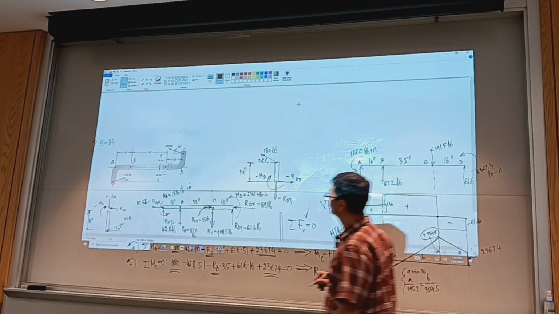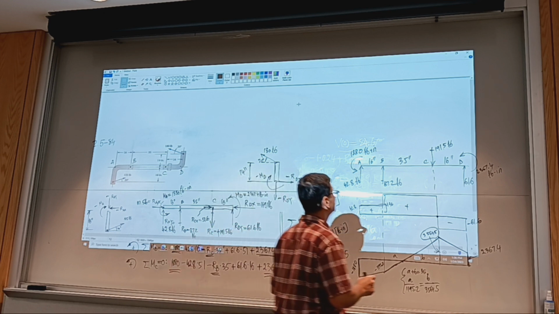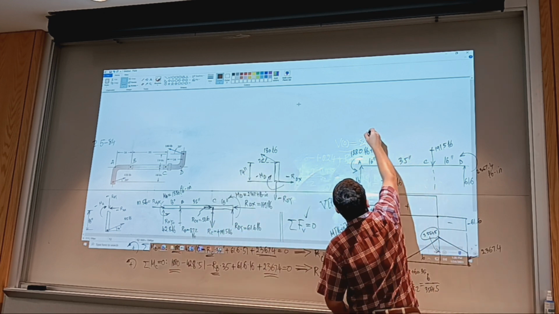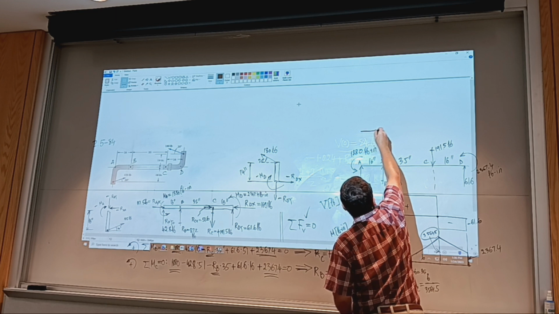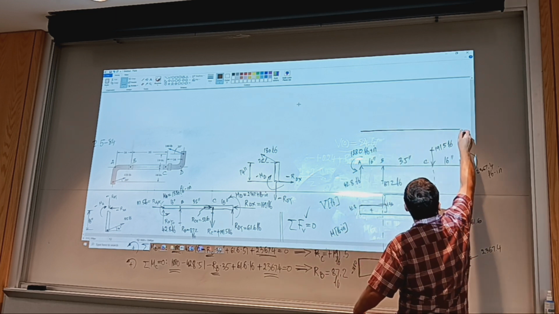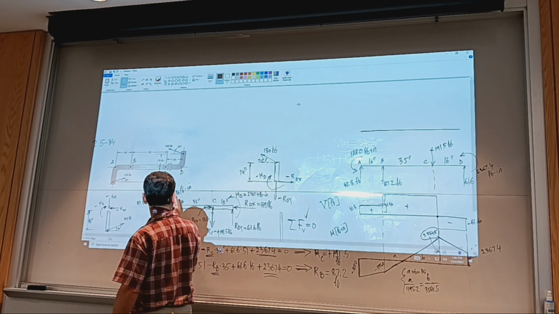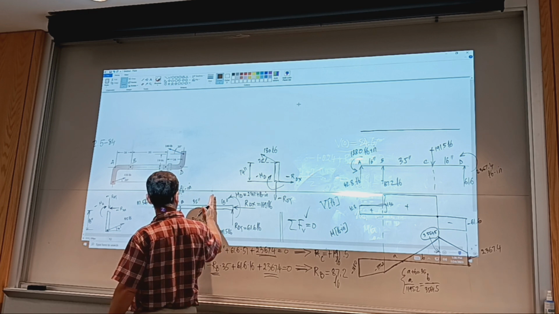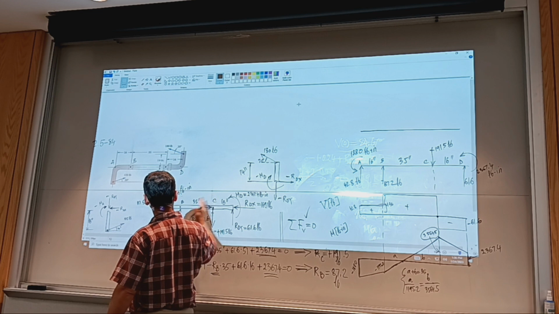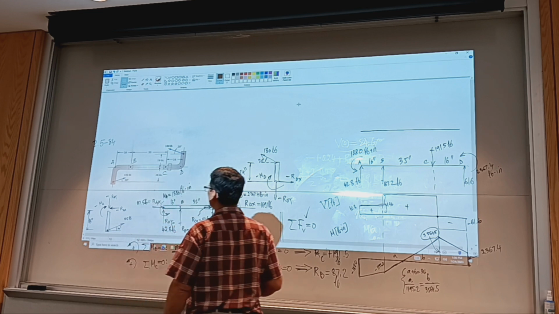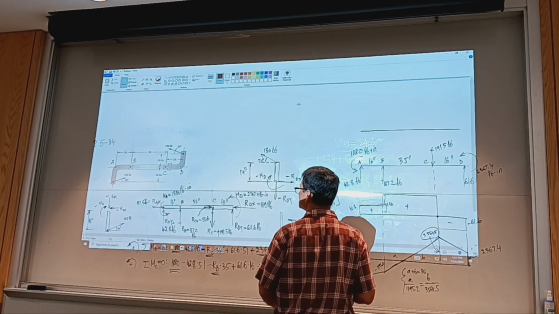In addition, I can draw an axial load diagram. If you go anywhere up to this point C, you see a compressive force of 117.5.